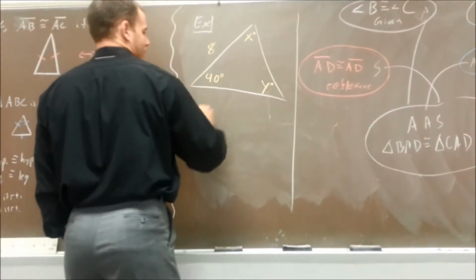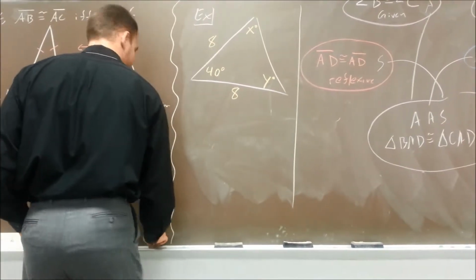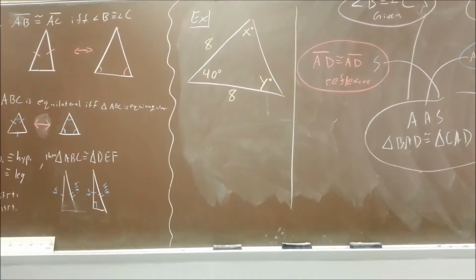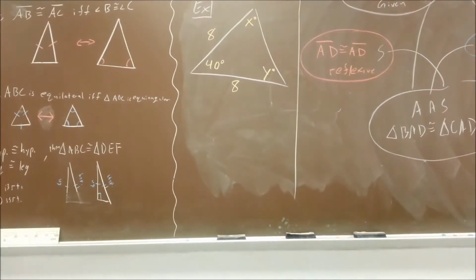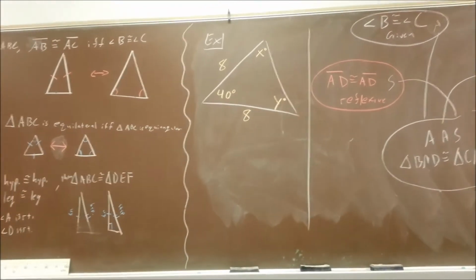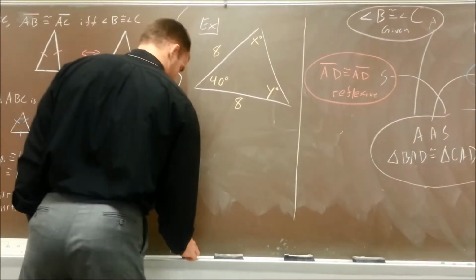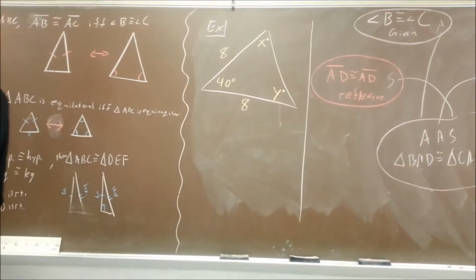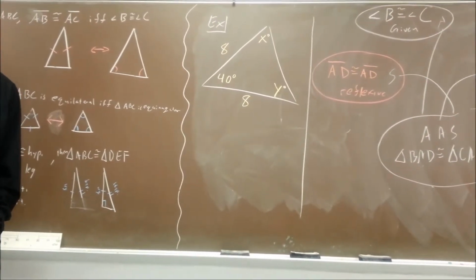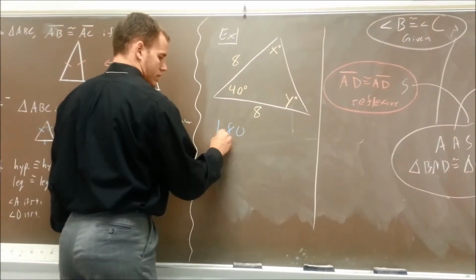This is 8. This is 8. How can we find X and Y? Think to yourself a moment. How many degrees are in a triangle? 180. So, sir, how can I find how many degrees is X and Y? Take 180 minus 40 and divide that by 2.